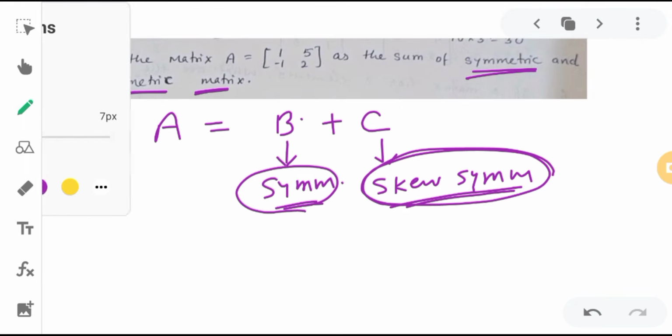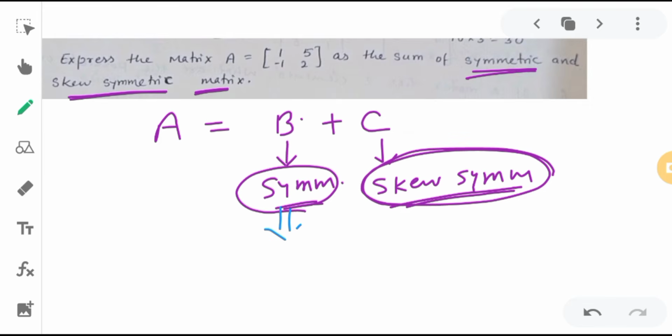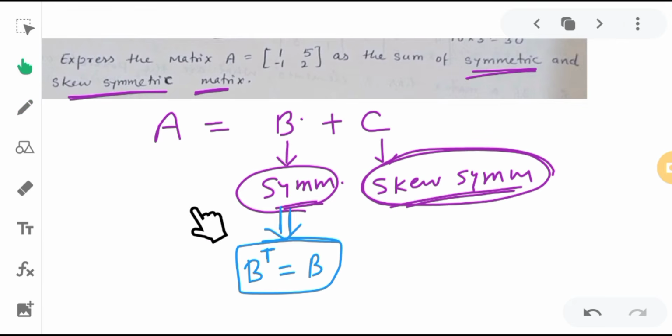Symmetric means a matrix is called symmetric if, suppose B is a matrix I am calling symmetric, then B transpose will be equal to B. If B transpose is equal to B, then we will call the matrix B a symmetric matrix.